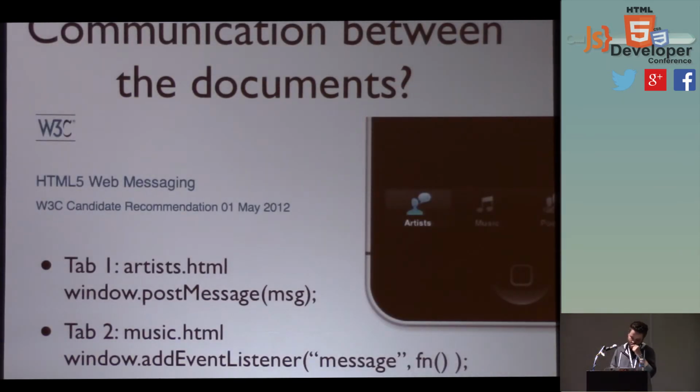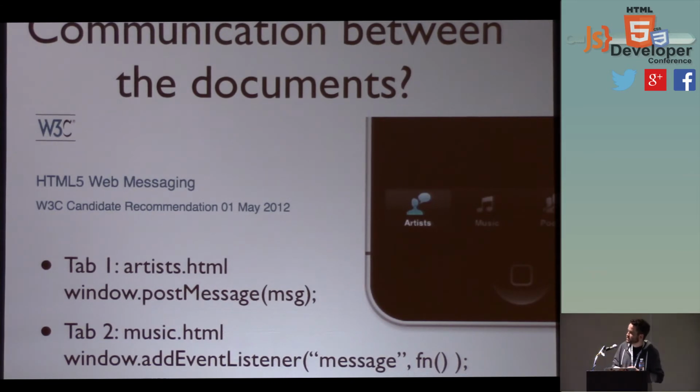And then one question is, how do you send messages across the web views? You can use HTML5 web messaging, the standard API to do that. So you say window.postMessage with a JSON object, and that gets sent to every web view there. And then those web views can listen for those events.